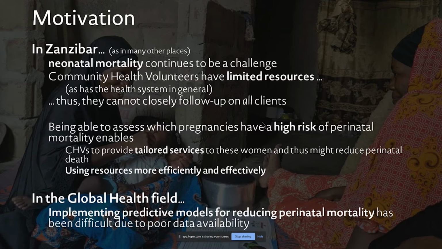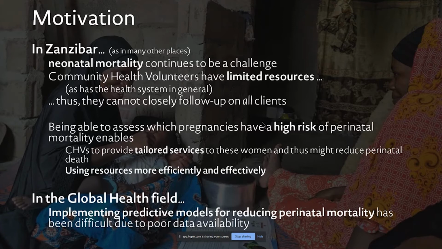It's just not possible because of the resource constraints. So that's the situation. But then, on the other hand, if we were able to assess which pregnancies have a high risk of perinatal mortality, this would enable CHVs to provide tailored services to the women who need it most, and that way create efficiencies and effectiveness, and reduce perinatal death overall from the public health perspective.